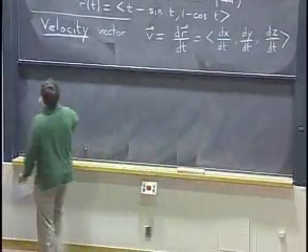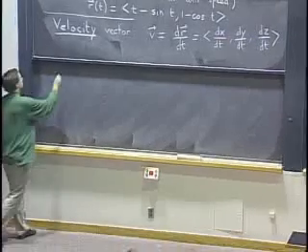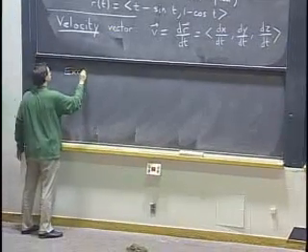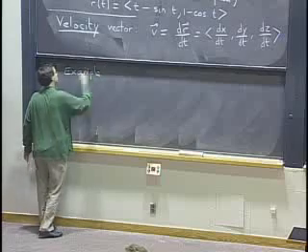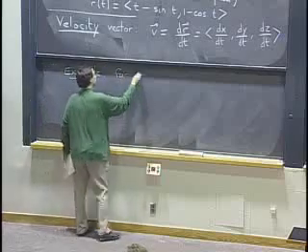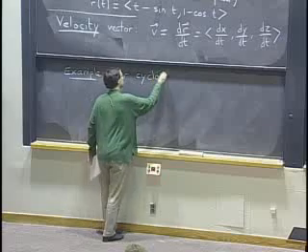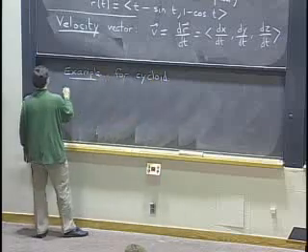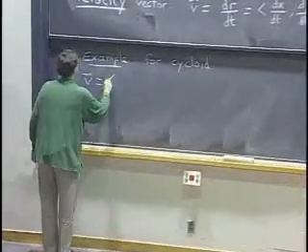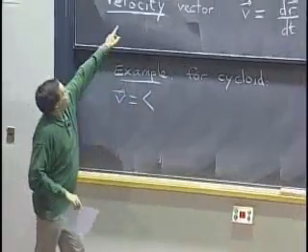Okay, so let's see what it is for the cycloid. So in the example of a cycloid, what do we get when we take the derivative of this formula up there?